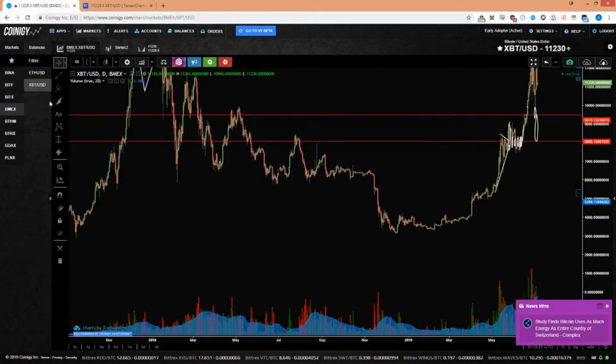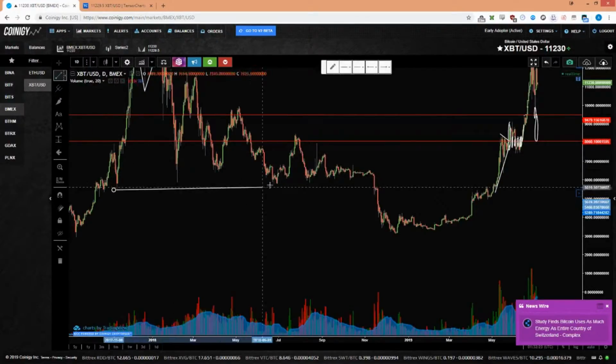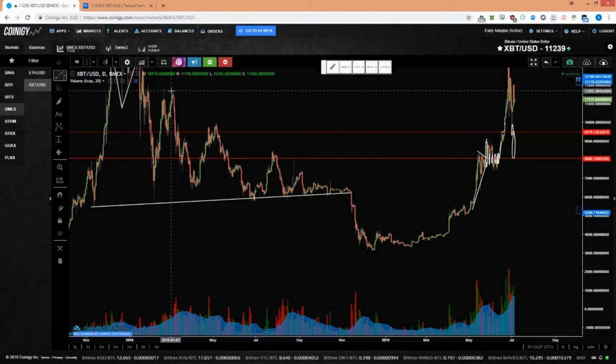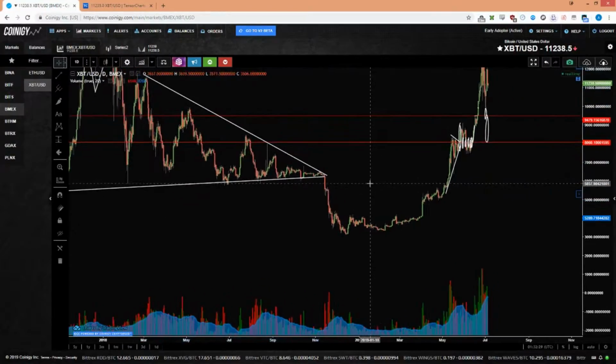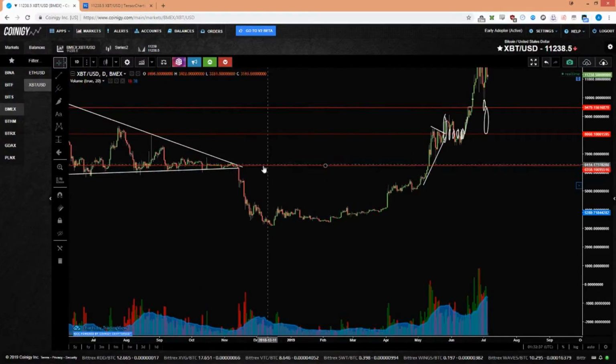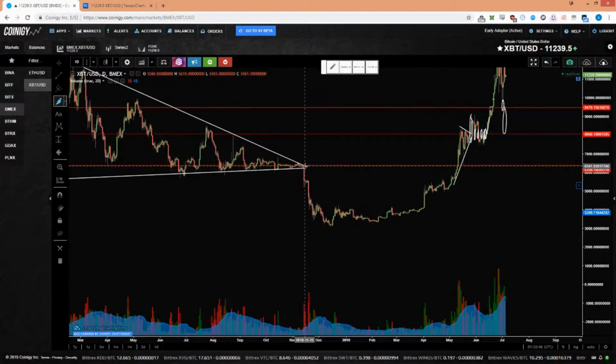And then we also have this very obvious descending triangle. As soon as we break this line, you just go straight up, because you call this a reverse busted breakout.